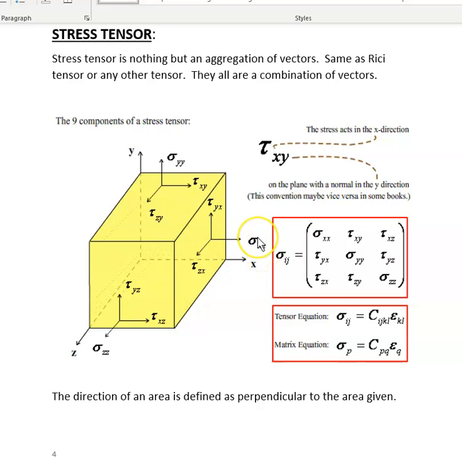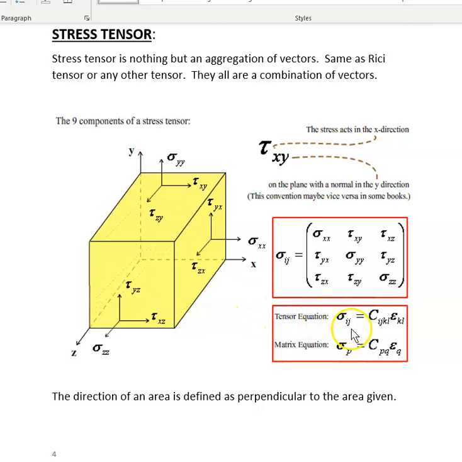First axis is the direction of the force, and the second x is the direction of the area. Direction of the area is the perpendicular to that area. Now here you have the stress tensor, all the forces or stresses, and you really don't need to have two symbols, sigma and tau, but just to separate out, one is a shear stress and the other one is a normal stress.